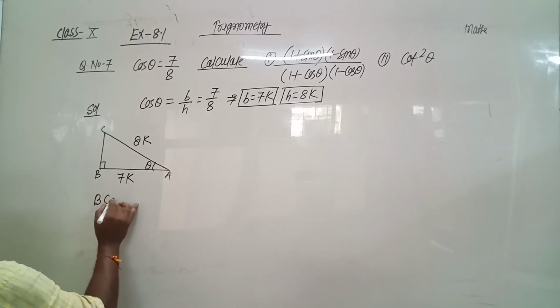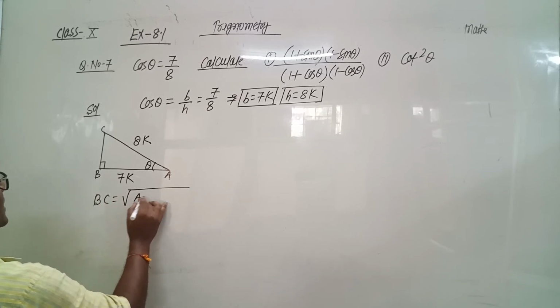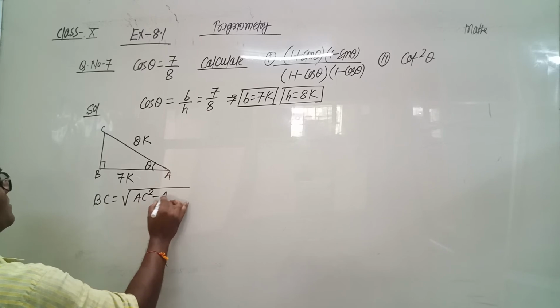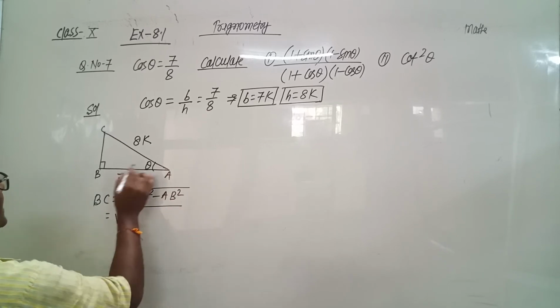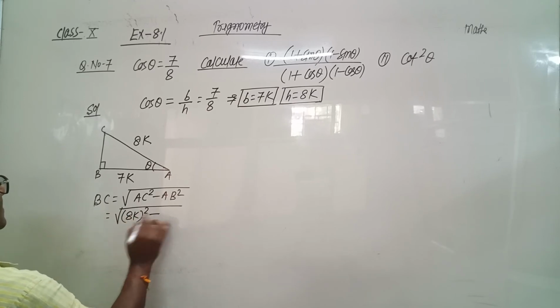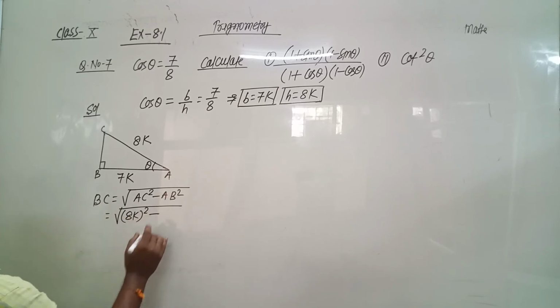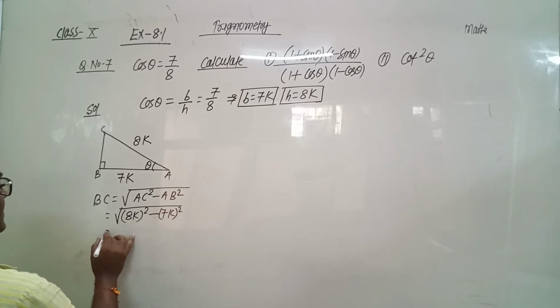The formula for BC equals under root of AC square minus AB square. The value of AC is 8k the whole square minus the value of AB is 7k the whole square.